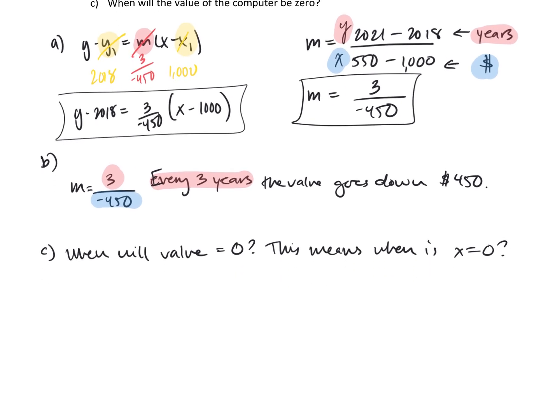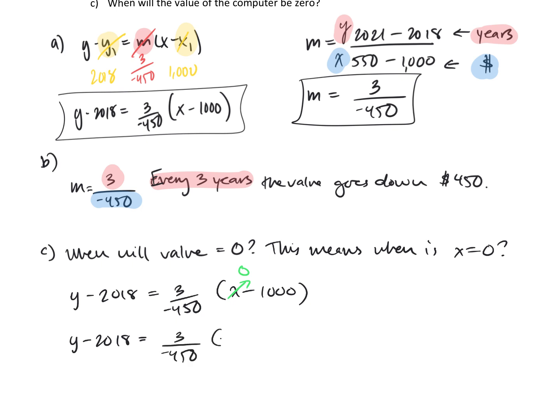So let's go ahead and figure that out. Let's use our formula. y minus 2018 equals 3 over negative 450 times x minus 1,000. And we're trying to figure out what the y value is going to be when x finally equals a value of $0. So that'd be y minus 2018 equals 3 over negative 450 times negative 1,000.